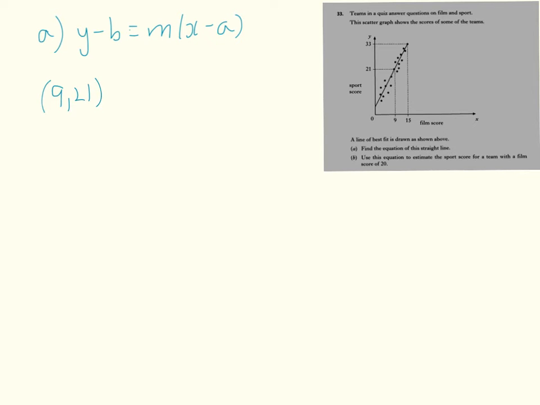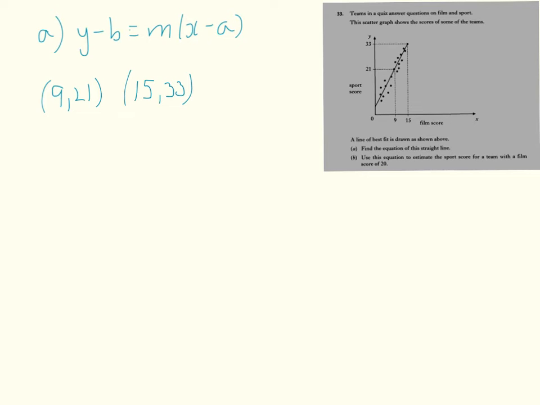And we are given this point here. When they got a score of 15, they got a score of 33. So we can write down the coordinates: 15, 33. So we can now use this information to find the equation of this straight line.